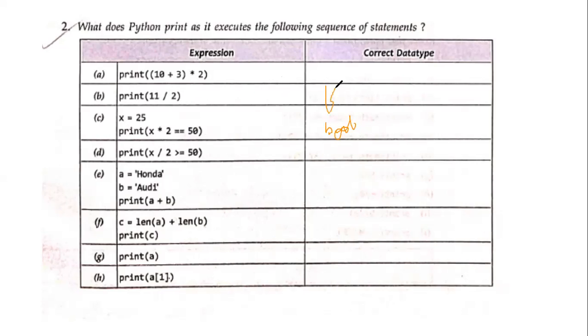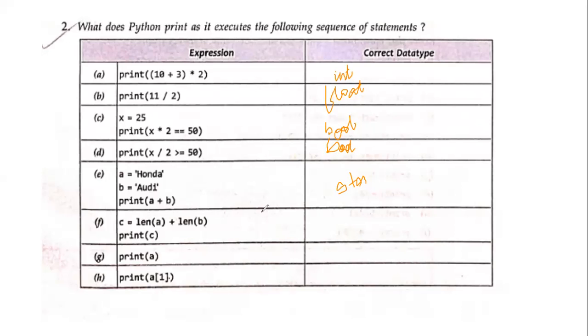This is going to be float. It's going to be integer. X more than or equal to 50. So again, this is just going to be bool. Print a plus b, so it's going to give me a string because both a and b are strings.